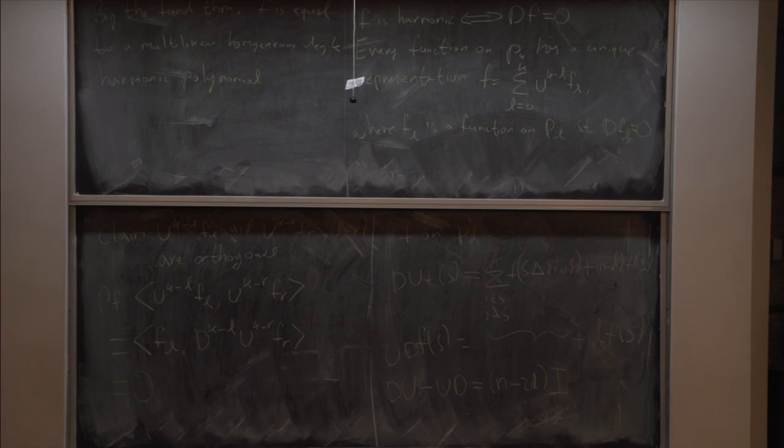For the Grassmann scheme, you certainly have this canonical representation, which is just a harmonic multilinear polynomial of the correct degree, where harmonic means the sum over the subspaces is zero.